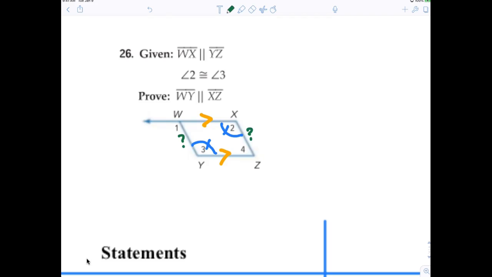You agree with that, guys? So 1 and 3 are what? 1 and 3 are congruent, right? All right, so let me mark that. 1 and 3 are congruent. Okay. So how does that help me?